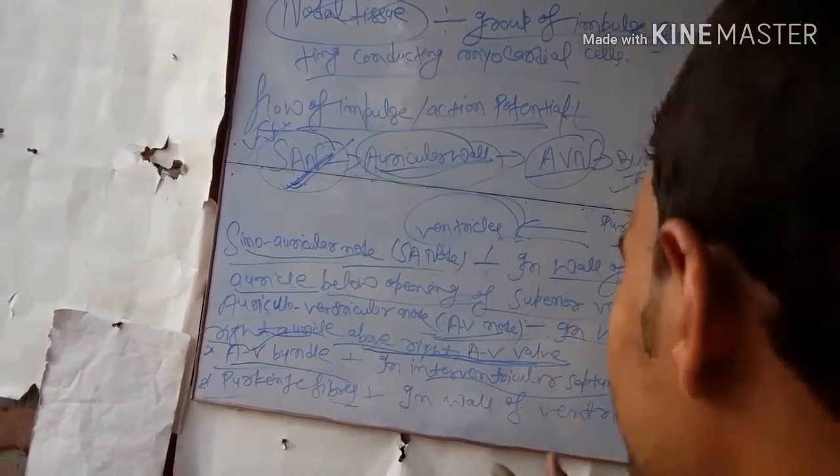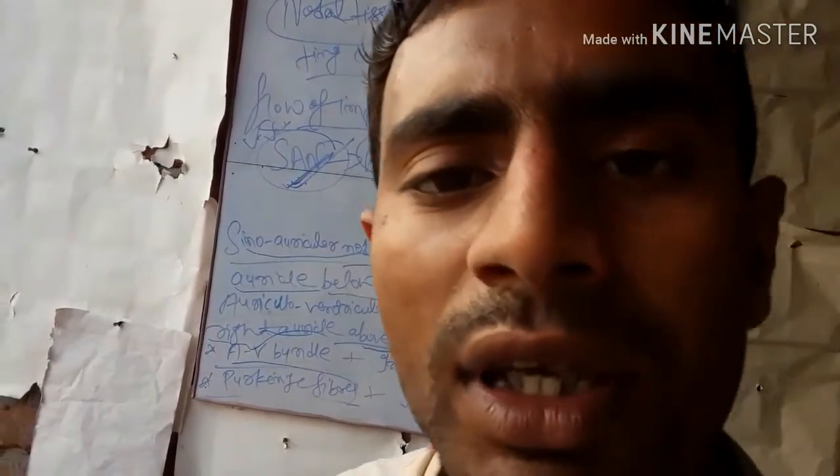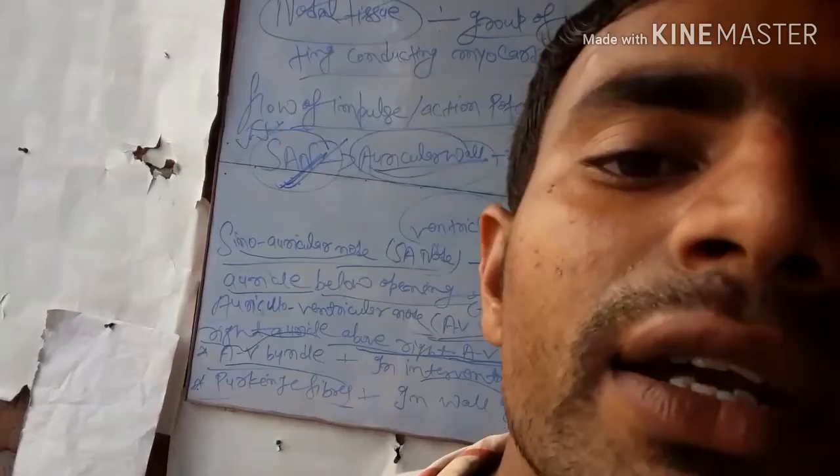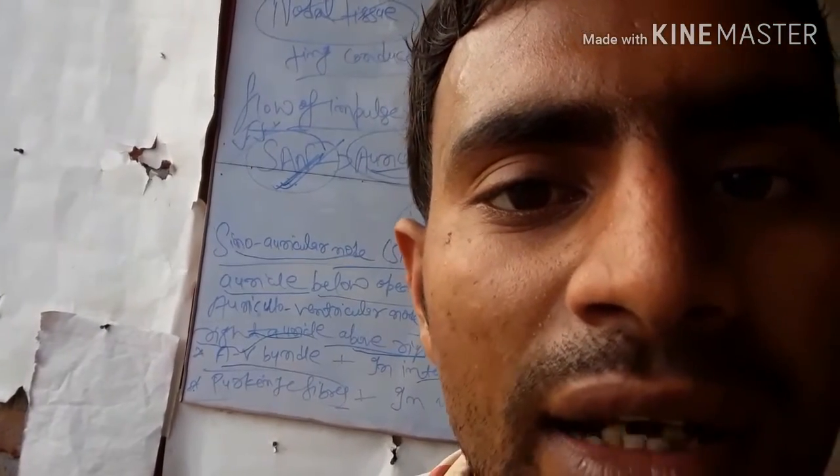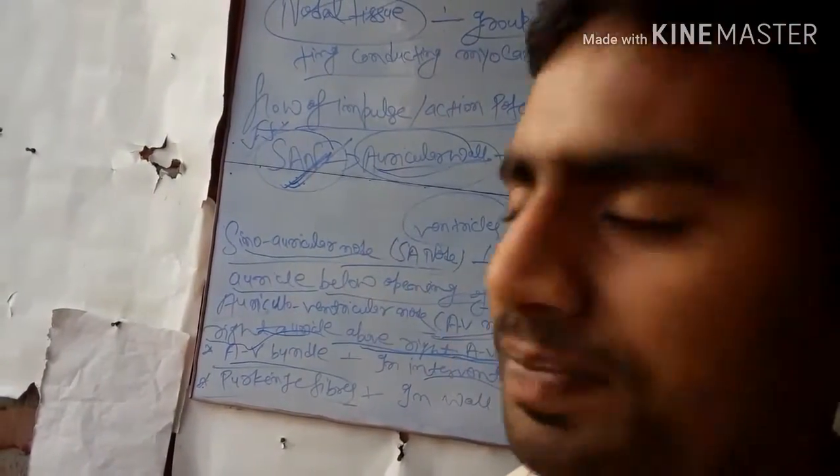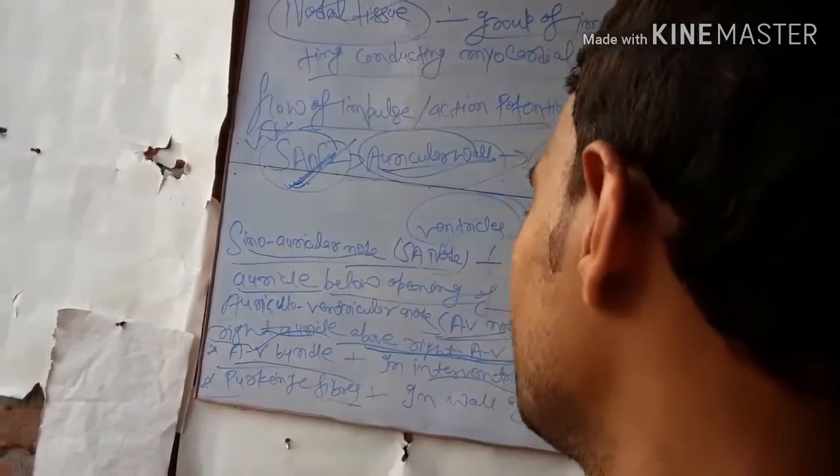So the interventricular septum is the partition present between two ventricles.